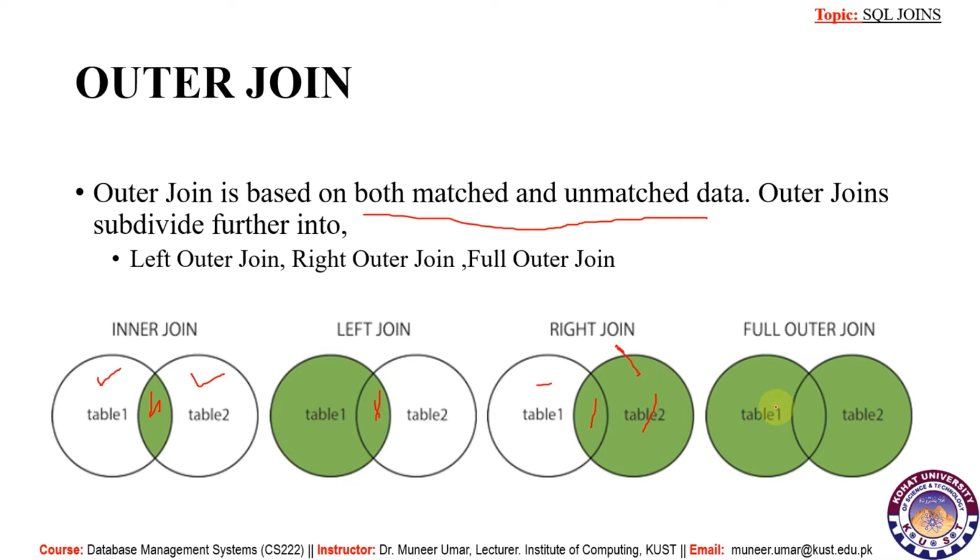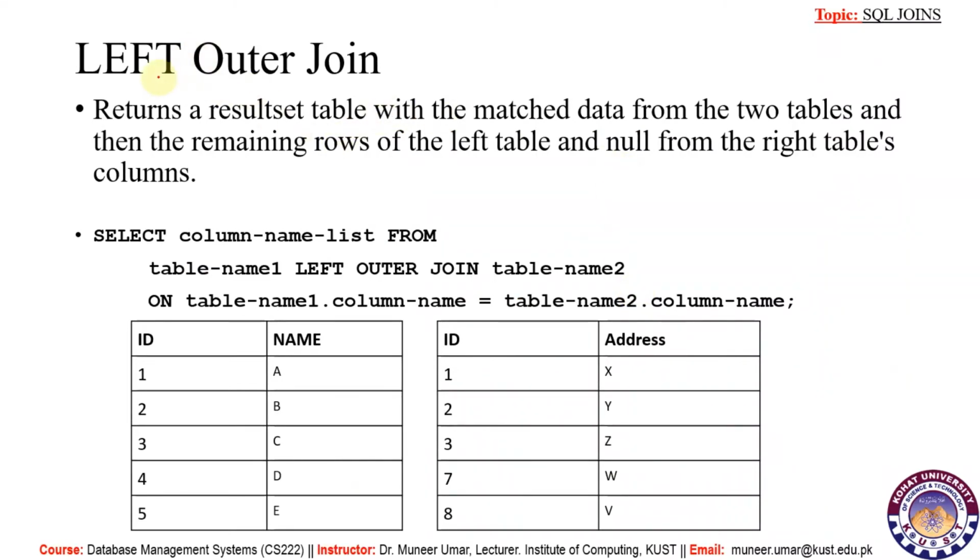Remember one thing, for unmatched data we will get null for all those attributes which are empty or not present in the second table. So the first one is left outer join. Here suppose we have 1, 2, 3 and 4, 5, and in the second table we have 1, 2, 3, but this 4 and 5 are not present. I assume that this table is on left and this one is on right. So what will happen? We will get 1, 2, 3 and their associated values in the second table.